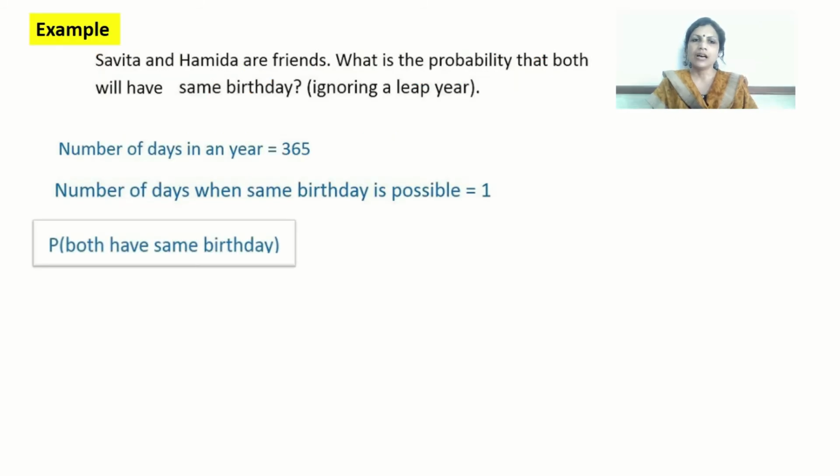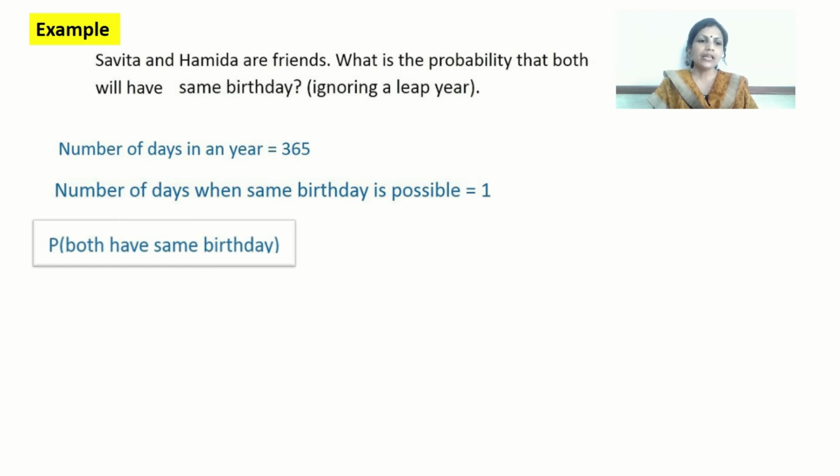Savita and Hamida are friends. What is the probability that both will have the same birthday, ignoring the leap year? So we all know that number of days in the year is 365, and number of days when same birthday is possible is 1. So out of 365 days, 1 day is the possible outcome wherein they will have their birthday.